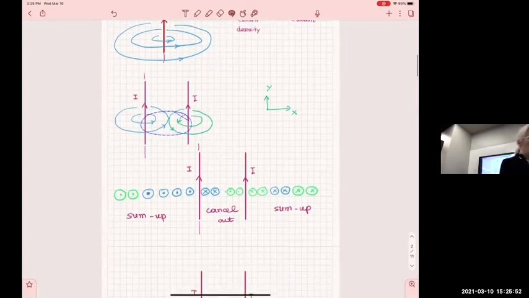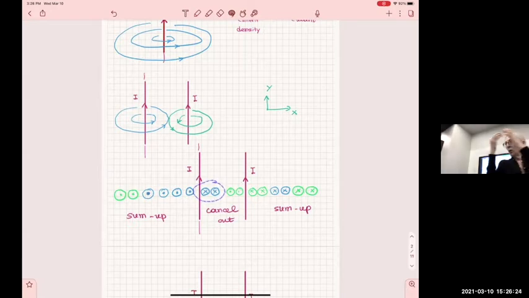If I were to cut here, to create a planar cut through these currents, what I would see is that the blue lines in between the two currents go inside the surface on one side of the current, and they come outside of the surface on the other. That's how they circulate, all right?